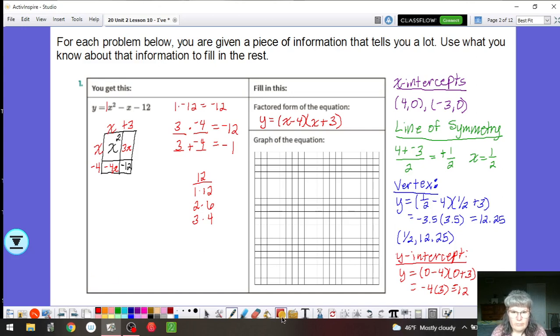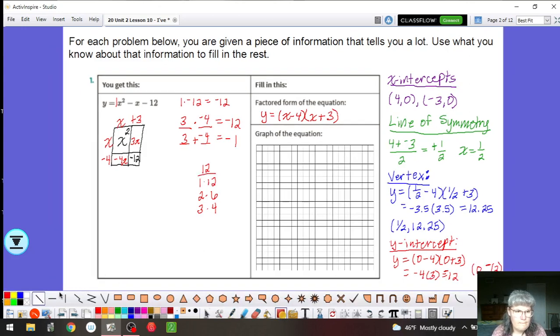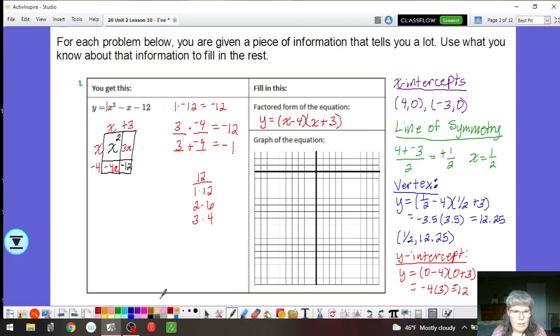So let's graph. Start by plotting the x-intercepts at negative 3 and positive 4.